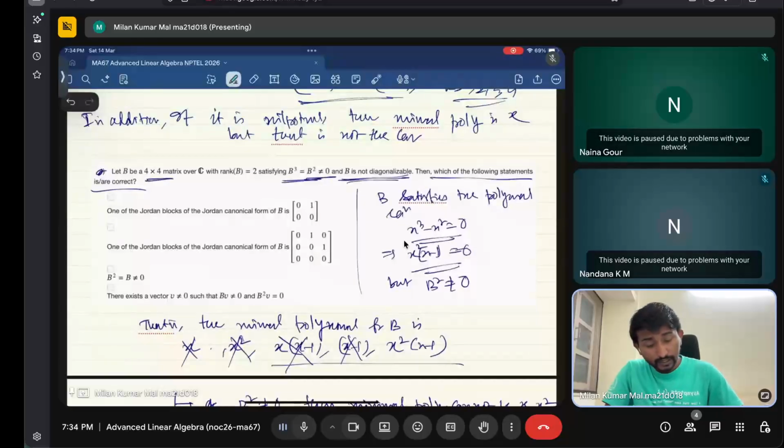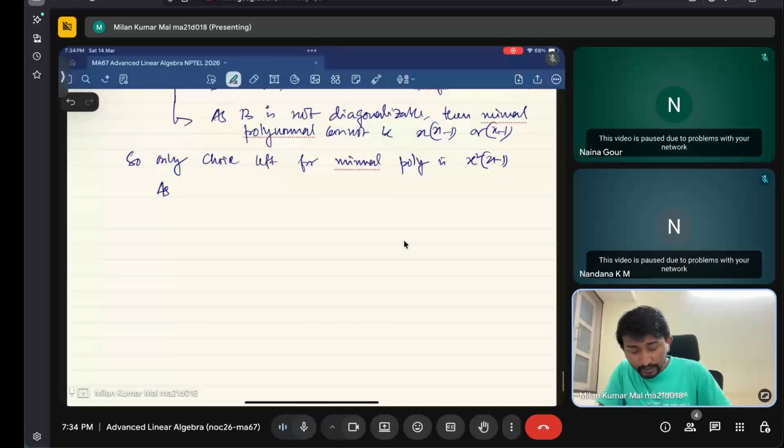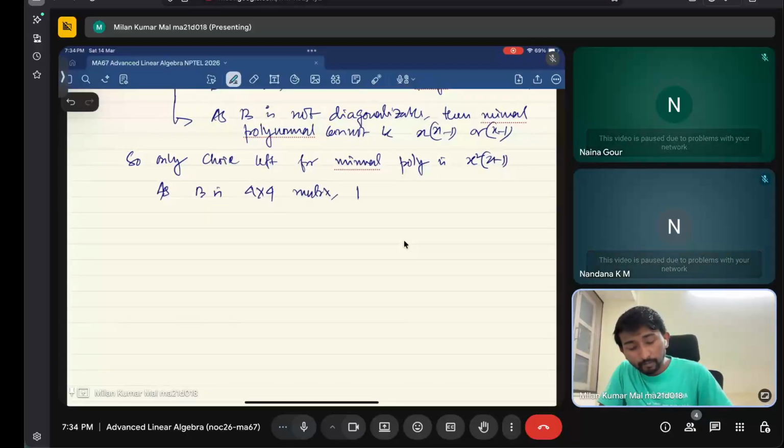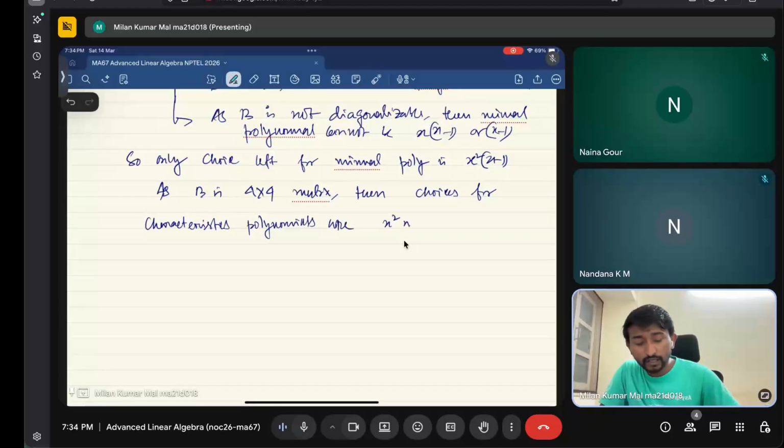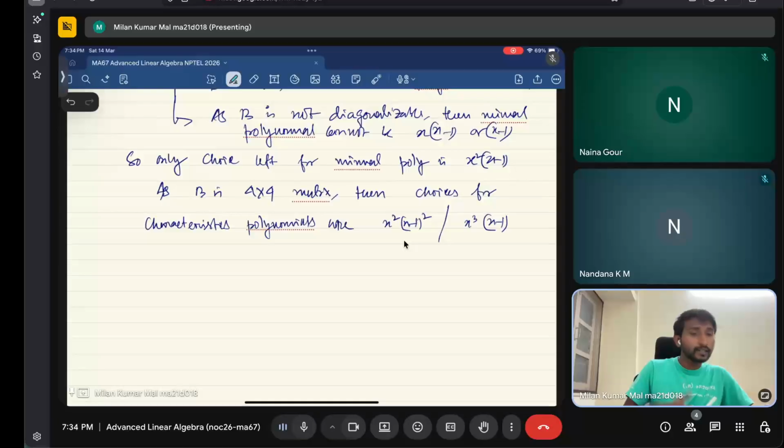As B is a 4 by 4 matrix, the choices for the characteristic polynomial are two: one is x squared into x minus 1 squared, another is x cubed into x minus 1, because the minimal polynomial should divide the characteristic polynomial.